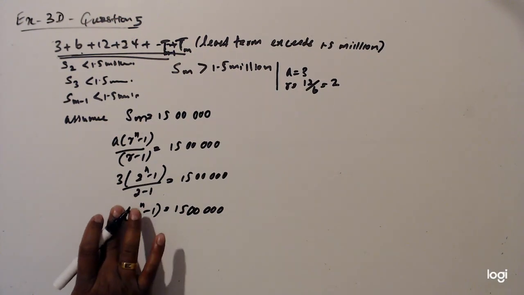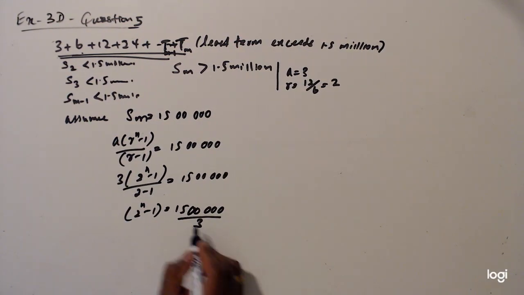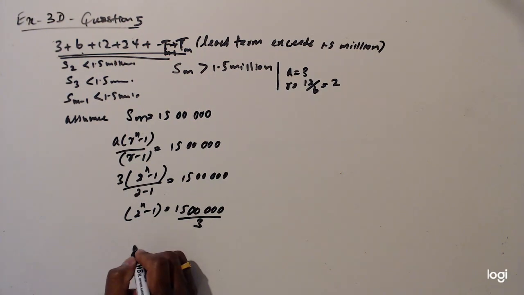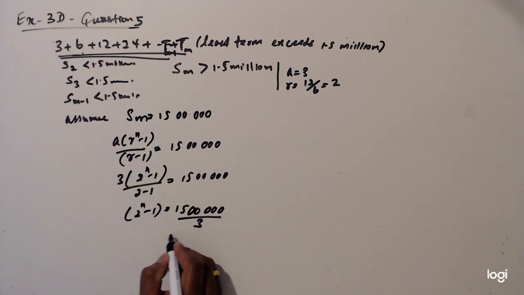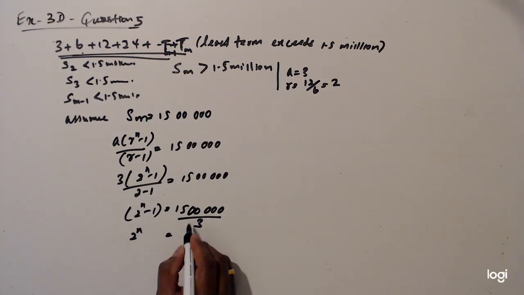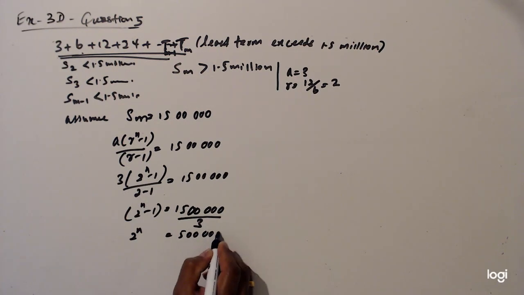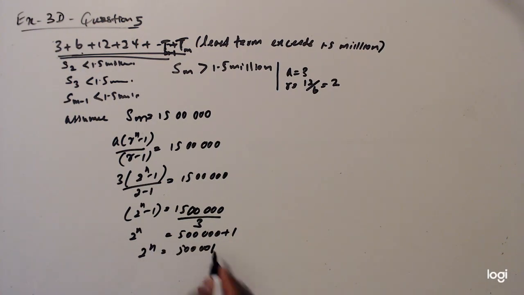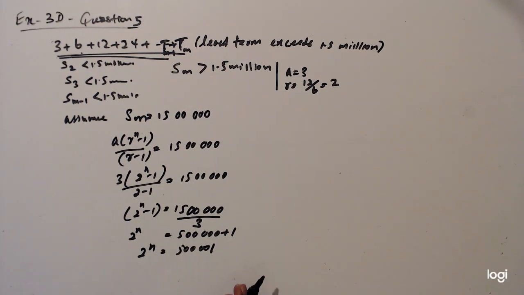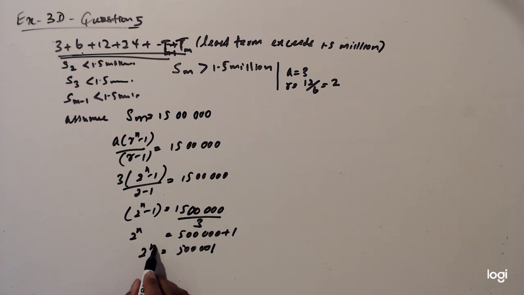So we'll divide by 3. This is 500,000, and this minus 1 to the other side plus 1, so 2 to the power n is this one.